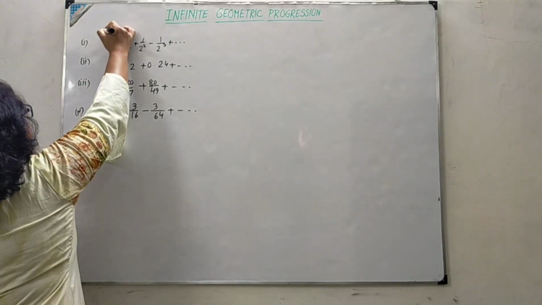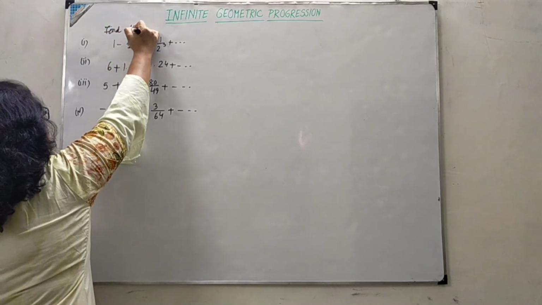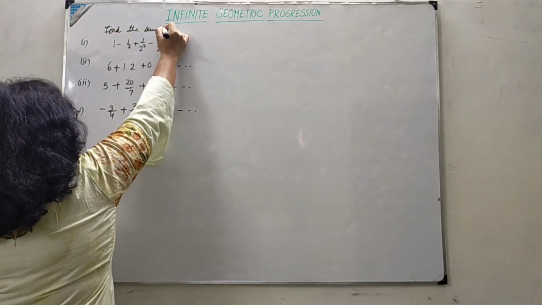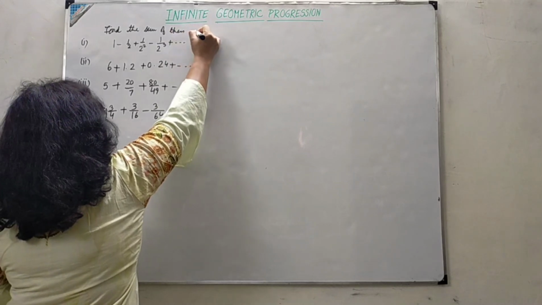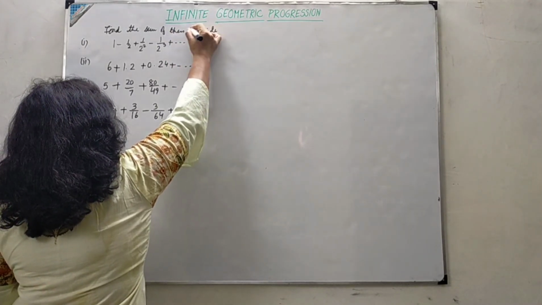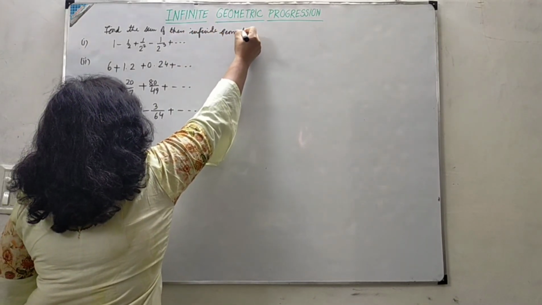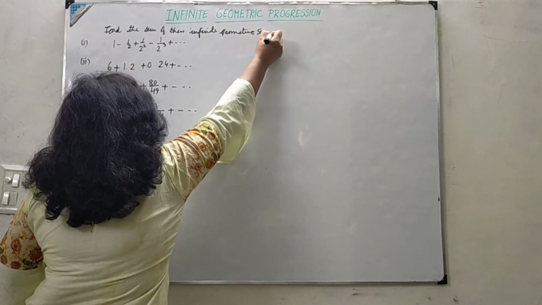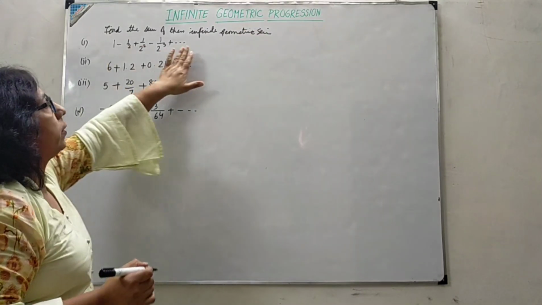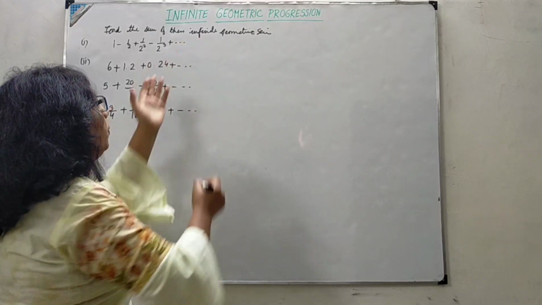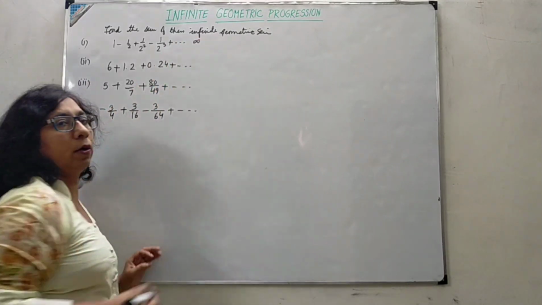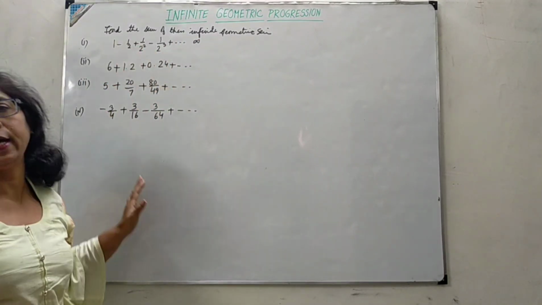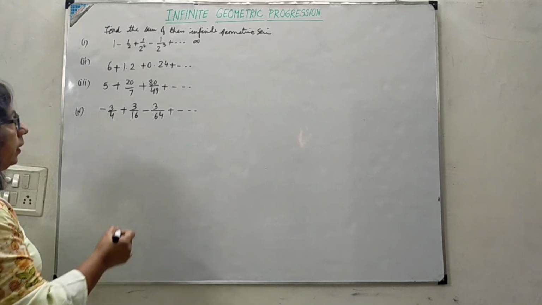Find the sum of these infinite geometric series. When the last term is not written, and up to infinity may be mentioned or not, it is understood that we are having an infinite geometric series.